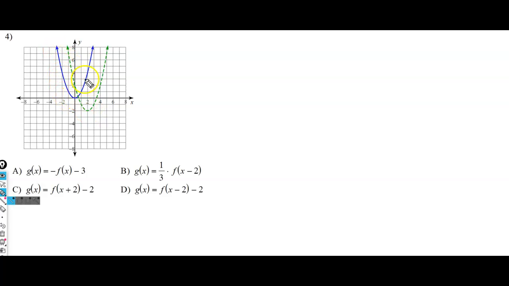If you take this blue shape and shift it over 2, down 2, you get the green one. So to me, it looks like all they've done is two translations: a translation to the right, and also a translation going down.